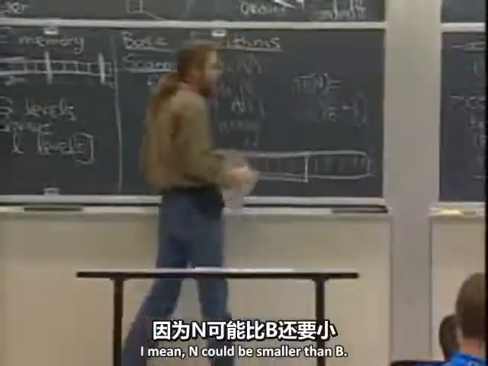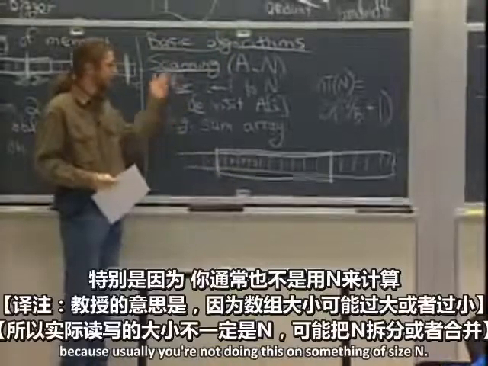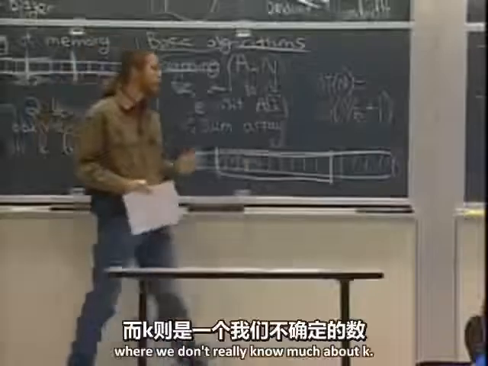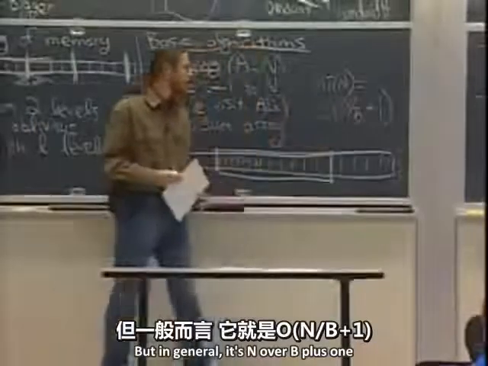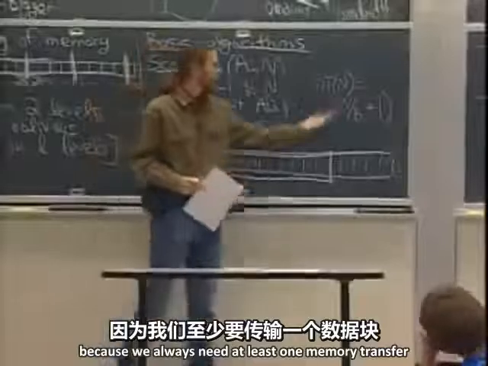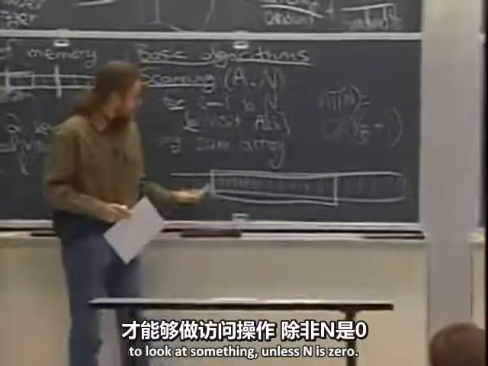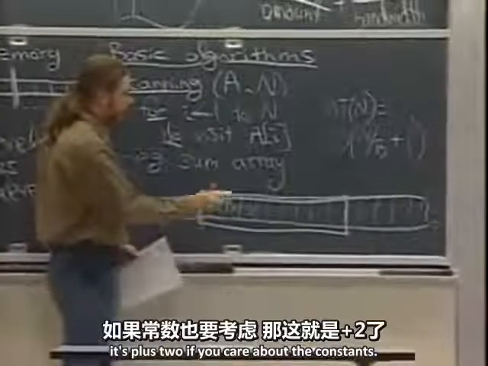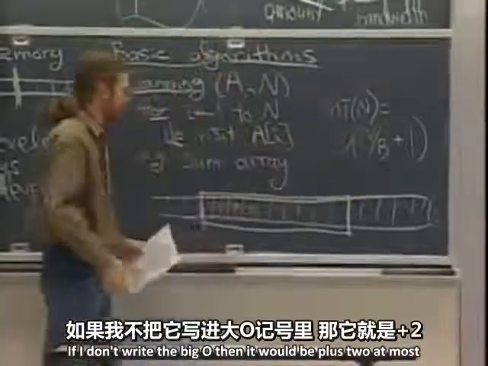I mean, n could be smaller than B. We really want to think about all the cases, especially because usually you're not doing this on something of size n, you're doing it on something of size k, where we don't really know much about k. In general, it's n over B plus 1, because we always need at least one memory transfer to look at something, unless n is 0. And in particular, it's plus 2 if you care about the constants. If I don't write the big O, then it would be plus 2 at most.